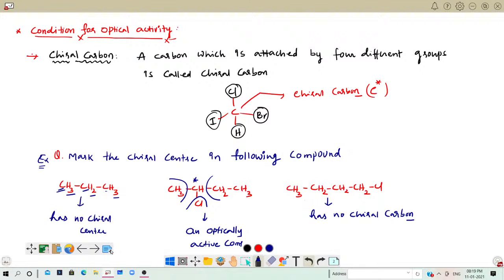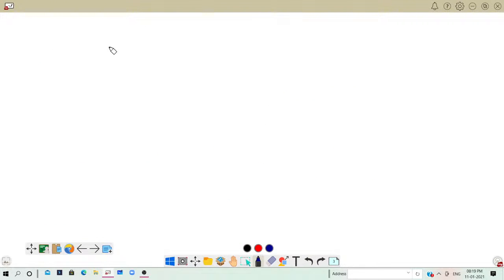Right? So similarly, what is the second condition? The second condition is a chiral molecule. So what molecule is said to be a chiral molecule?